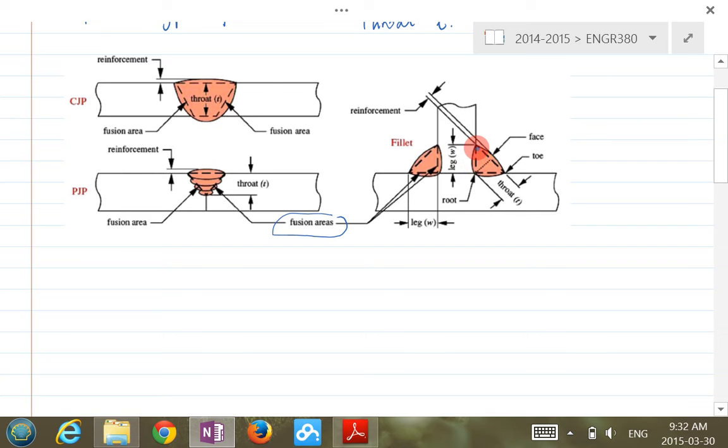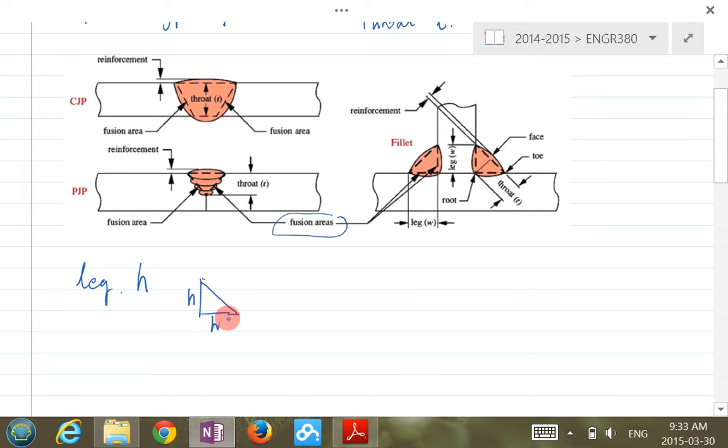The length of the vertical side of the triangle is called the leg. I used W, but we will generally use H in our class. So if this is the fillet here, then this is H, and both sides are the same H.